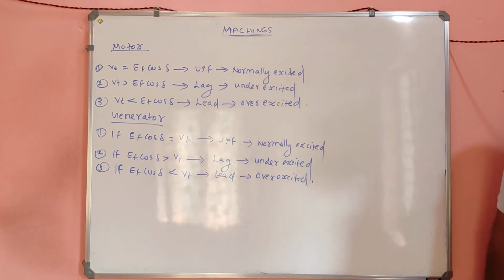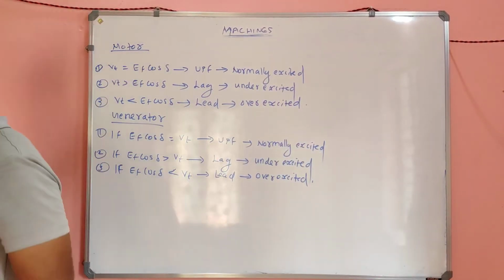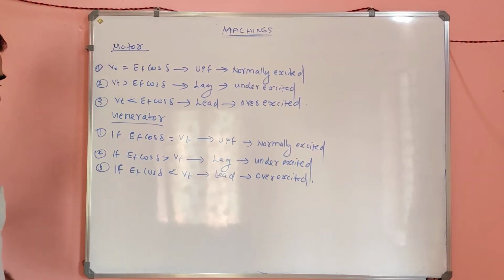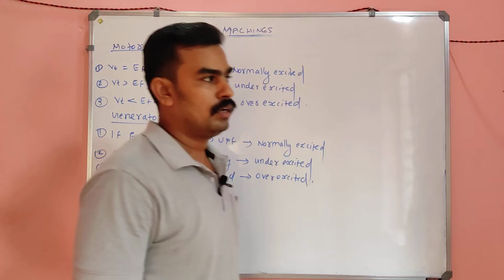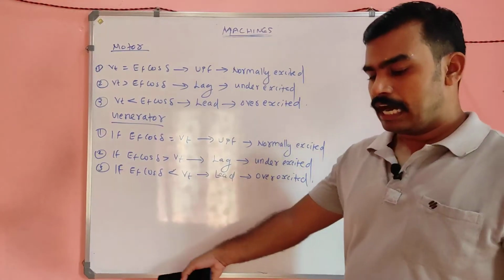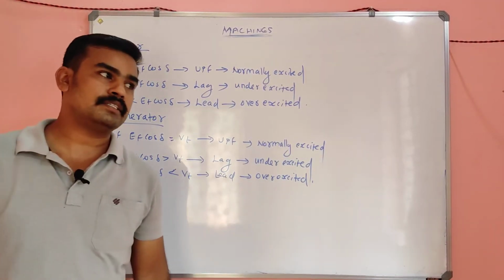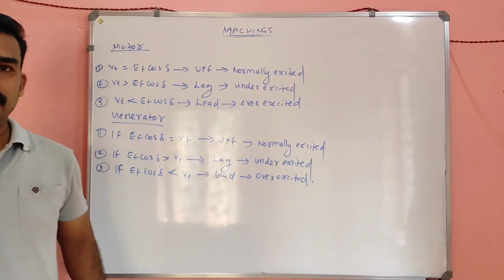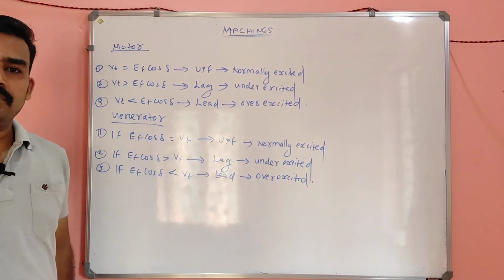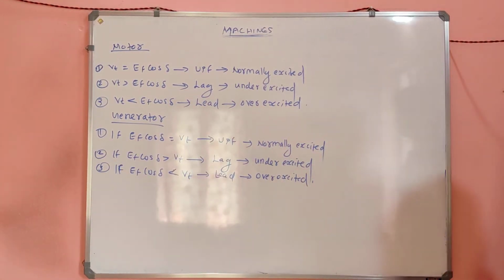If you have any doubt, please mention it in the comment section and start studying very seriously, because the Assistant Electrical Inspector exam is going to come within three months. Up to April 13th you can confirm your application, and after that within one month the exam will be there.